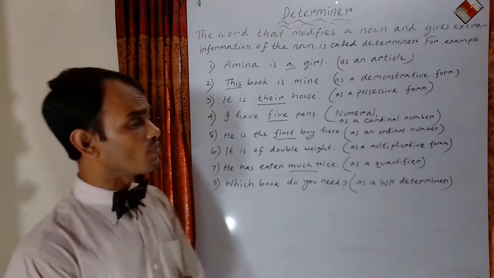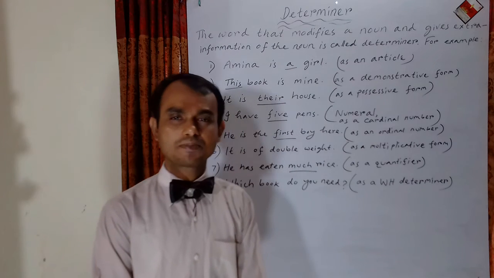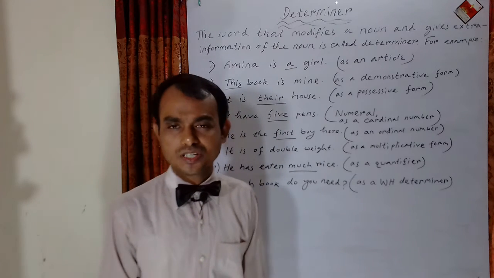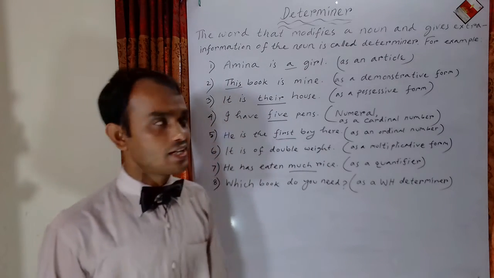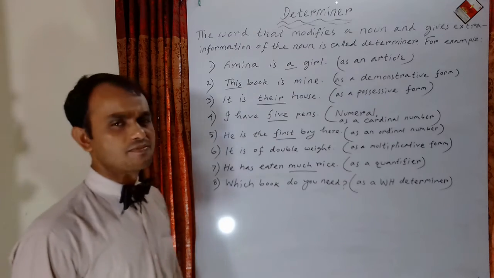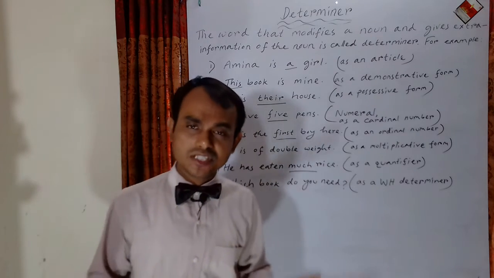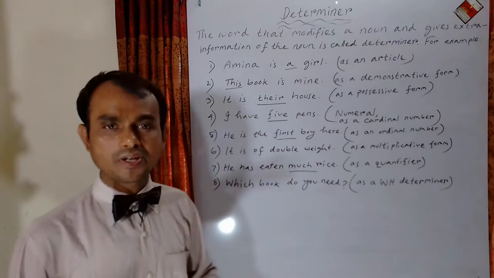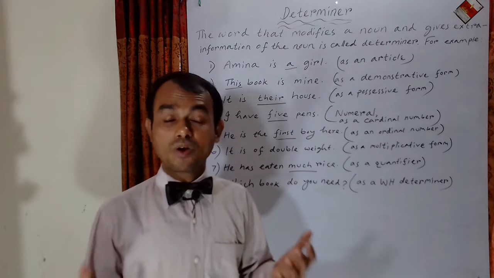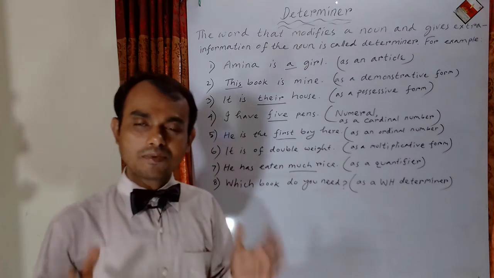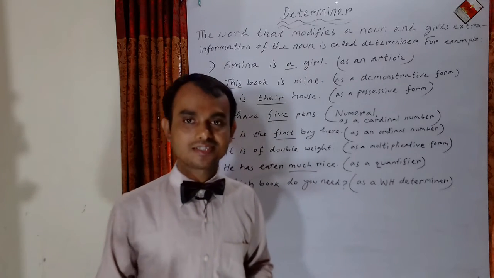I repeat, the word that modifies a noun and gives extra information of that noun is called determiner. Determiner may be from article, demonstrative form, possessive form, numeral, quantifier, even WH question.